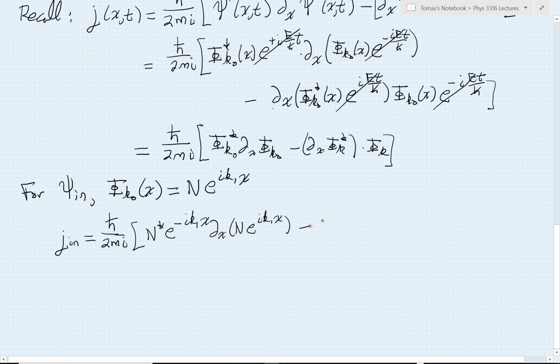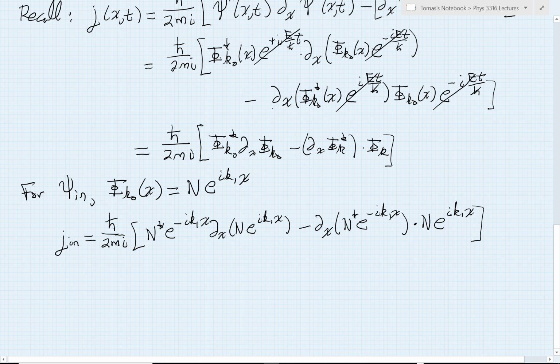And from that, I then subtract the x derivative acting on the complex conjugate of my wave function. No problem. That's what I had just written here. That's N star with a minus exponential e to the i k1 x. And that then just multiplies my wave function, which again is my normalization factor, times my incoming wave, e to the i k1 x, like so.